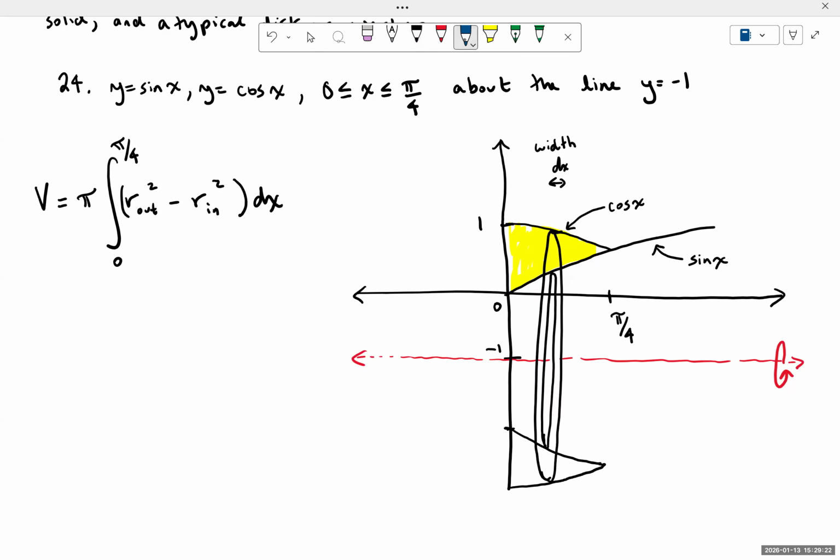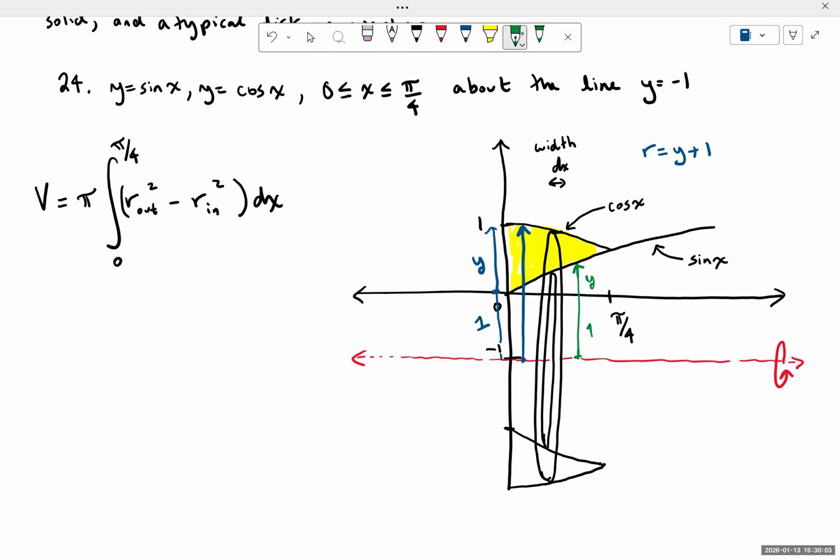Again, for my radius, if I want to go from the red line to the top curve, here's my red line. I'm going all the way to the top curve. What do I have? I have this distance, which is y, and this distance, which is 1. So my radius is going to be y plus 1. It's going to be y plus 1 also for the inner one.